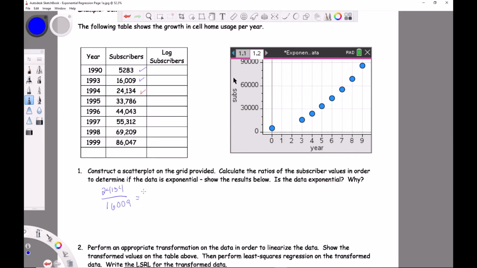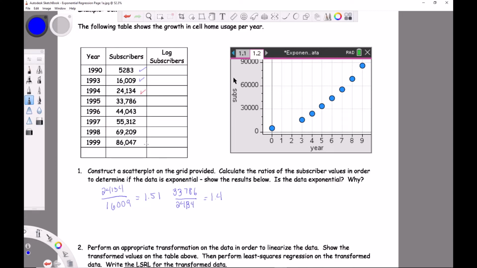And that should give us 1.51. So then we go to the next one. That'll be 33,786 divided by the number before it, 24,134. And that will give you 1.4.